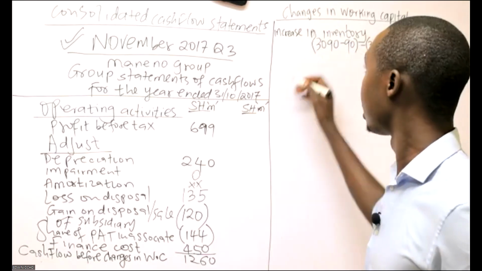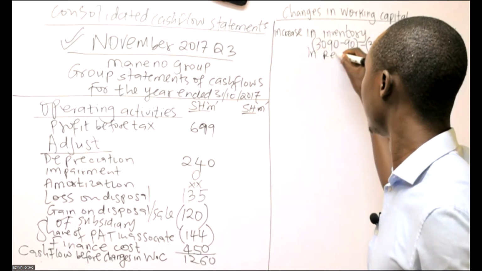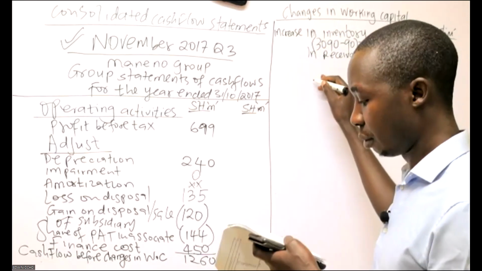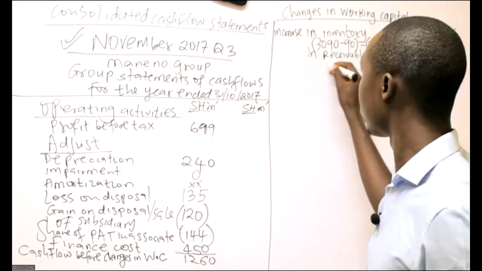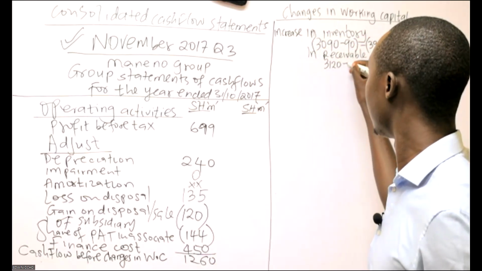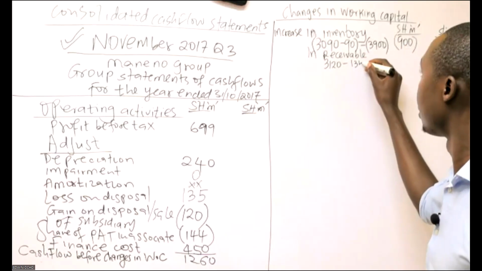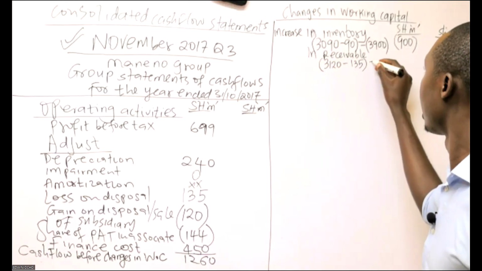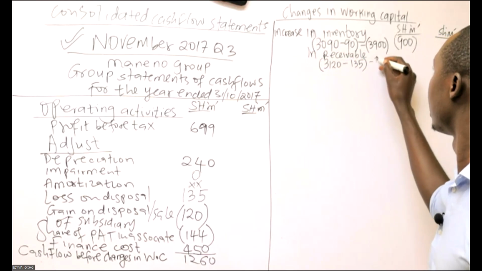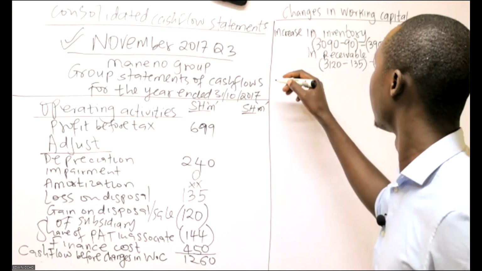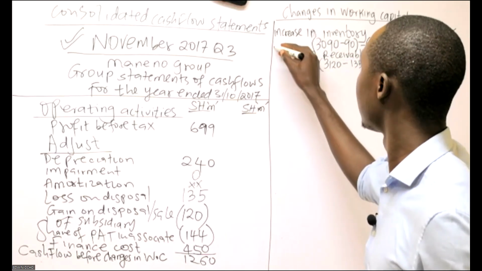The next thing is all about the receivable. So receivable, that is debtors, it's that 120 minus the one in disposal, 135. Then at the end again is that 120. So you can see it's a decrease or an increase.